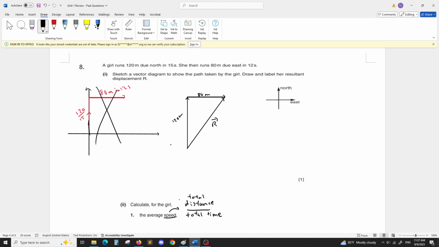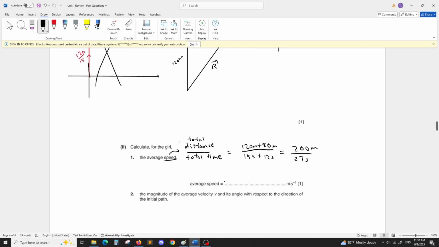So we can say the first part, she ran for 120 meters plus 80 meters, and then we can say 15 seconds plus 12 seconds. This is 200 meters over 27 seconds. And you can just quickly plug that in, which is around 7.4 meters per second.